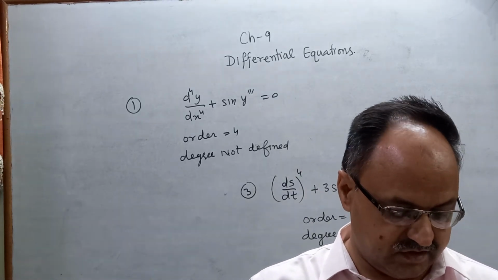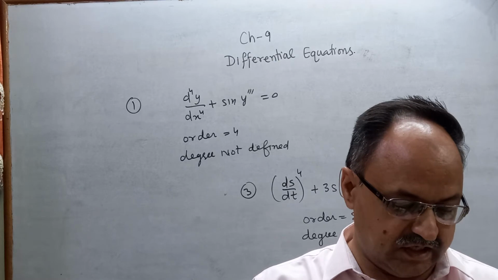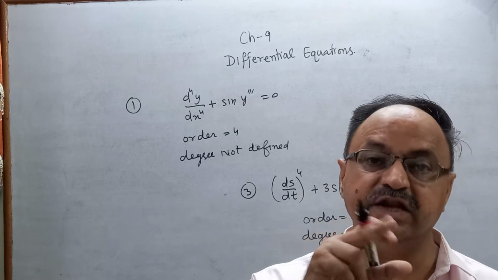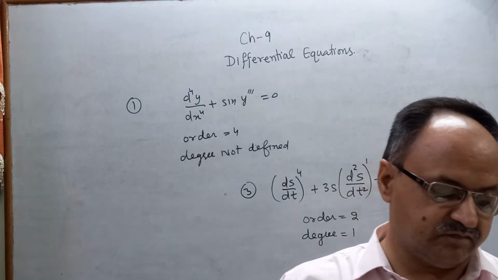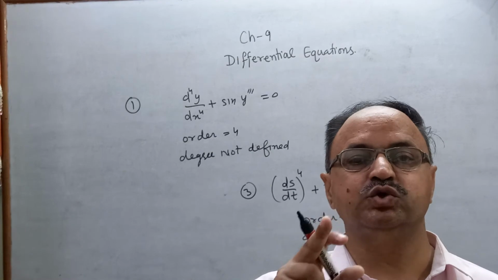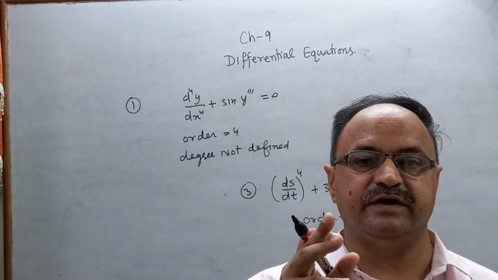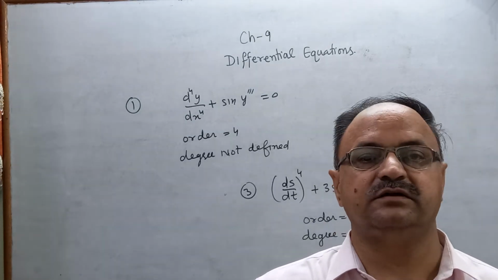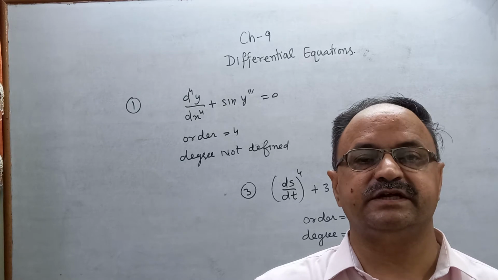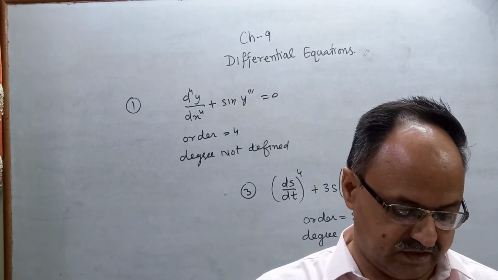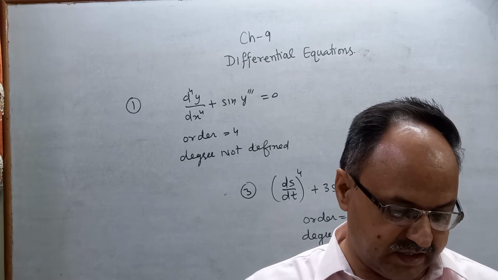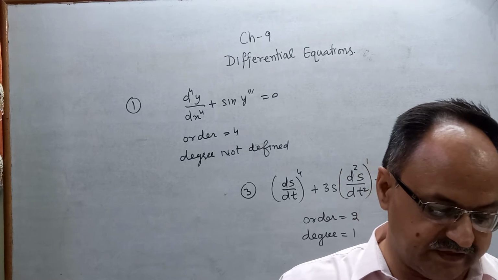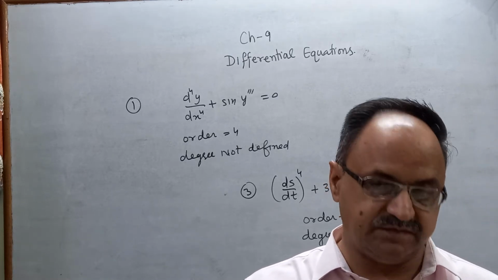Clear? In question number 8, y dash means order 1 and degree 1. Question number 9, y double dash means second order derivative, order 2 and degree 1. Question number 11, degree not defined, because dy by dx is present in the angle of a trigonometric function. And question number 12, order of the differential equation is the highest order, it means 2.